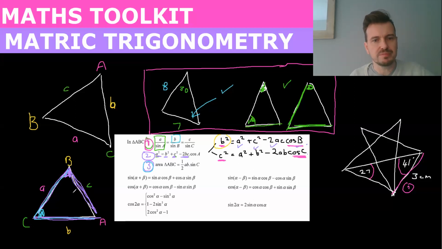And if you are given, in this example, we'll just get this example here. If you're given this example here and you're asked to work out the area of this, what you would have to do is use the sine rule to figure out what one of the other sides is. And then you could go ahead and use the area rule. But you couldn't use the area rule straight away.